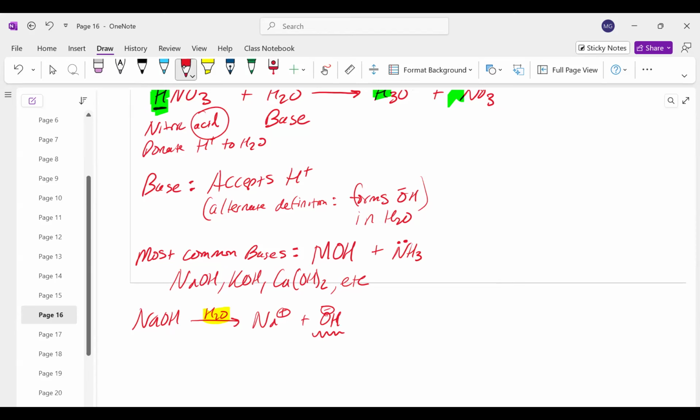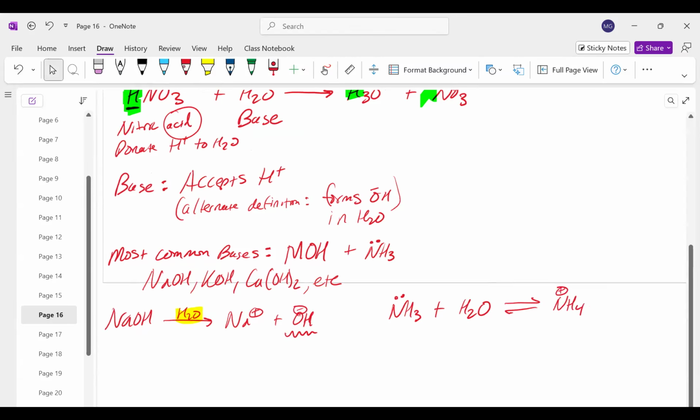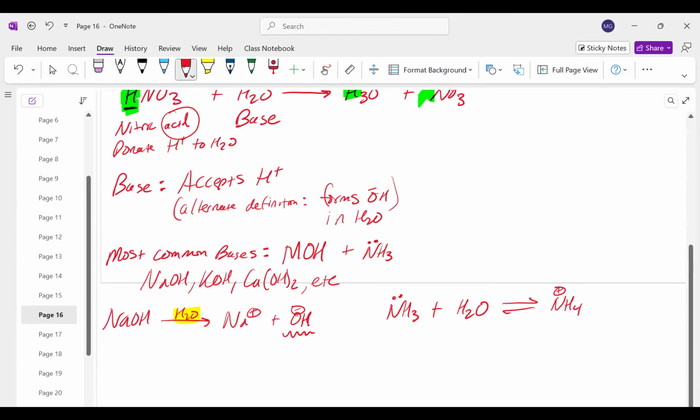Now, let's look at ammonia here. How does this act as a base? So when we put ammonia in water, there is a proton transfer where the nitrogen will pick up a hydrogen to form ammonium, and water will donate a hydrogen to make hydroxide.